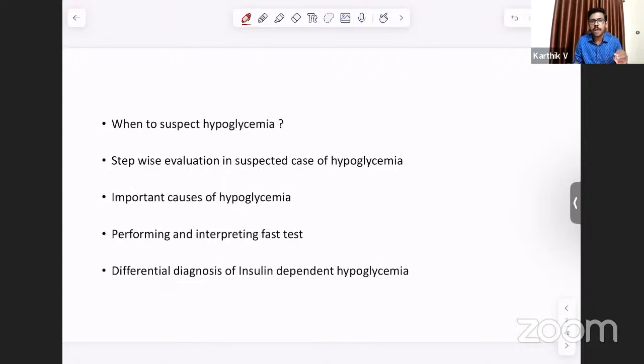So you should know in and out everything about the 72-hour fast test: the indications, when to do, when not to do, the protocol. I'll be covering everything in detail. And finally, most of the cases you see in adult patients with hypoglycemic disorders are in fact insulin dependent hypoglycemia, so we'll be covering those aspects also in detail.